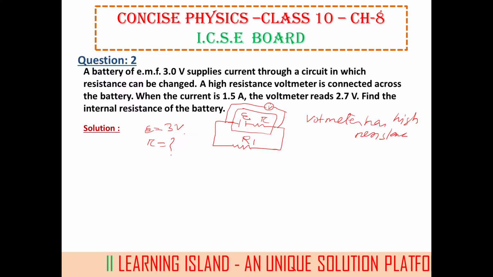Now when it is connected with an external resistance R1, the voltmeter reads 2.7, find the internal resistance of the battery.